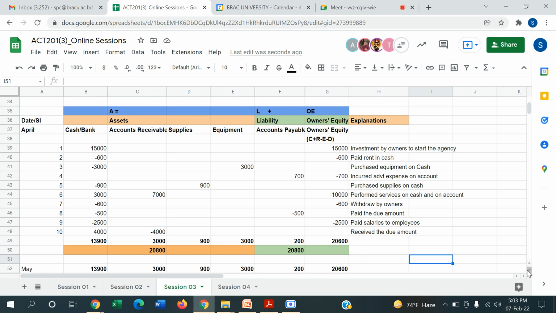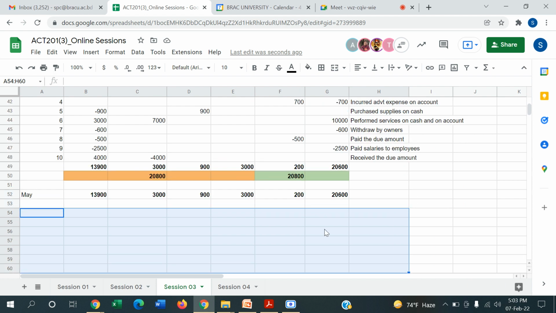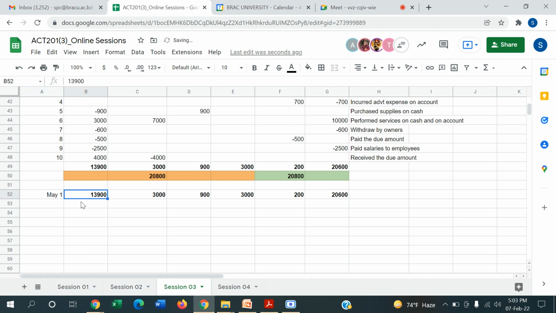Then, when May's activities are incurred, they will adjust them with these balances. When they start May's activities with the previous accounting period's information, these are basically known as beginning balance.